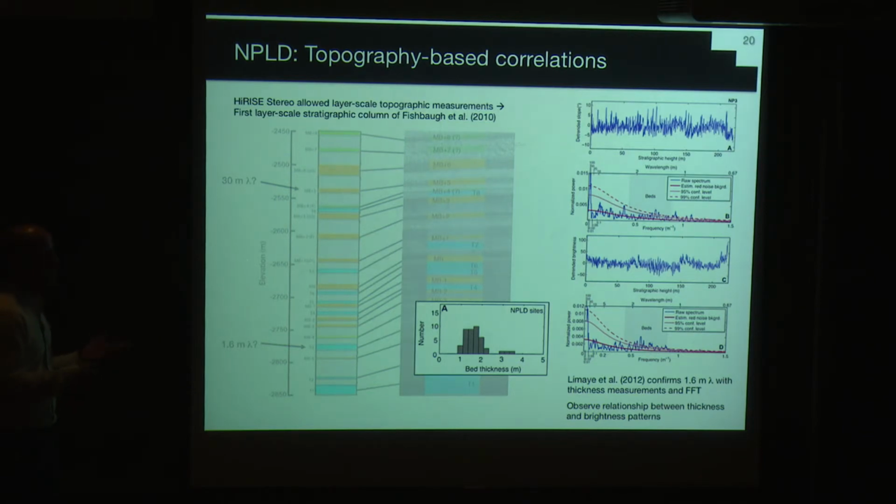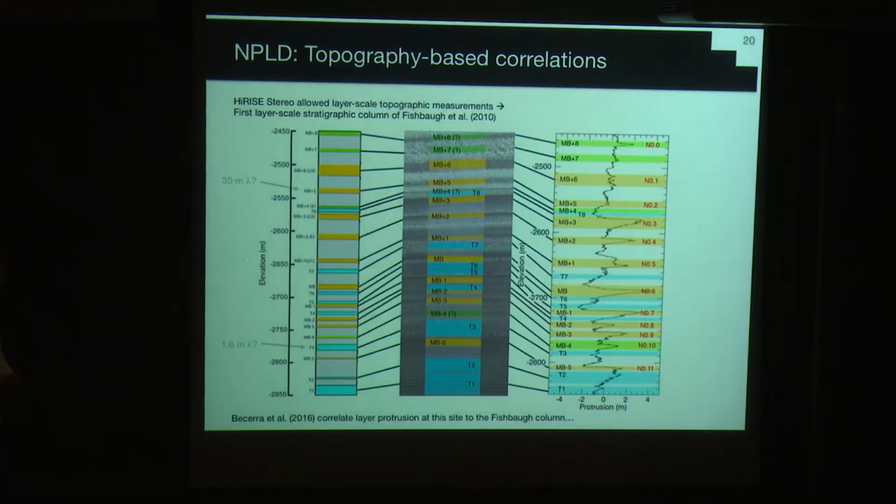So not only did they observe and confirm the Perron and Huybers periodicity, but they also observed a relationship between the thickness measurements and the brightness patterns, indicating that the brightness patterns are actually giving you some information. They're not completely unrelated to the internal structure. They're not just the sublimation lag that you're measuring.